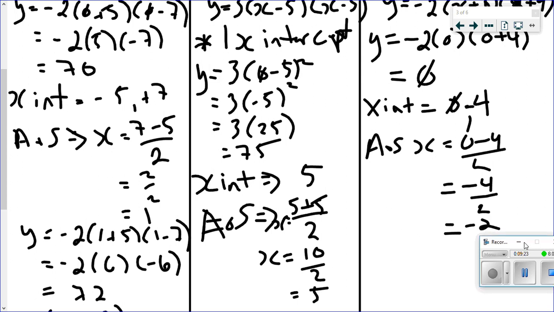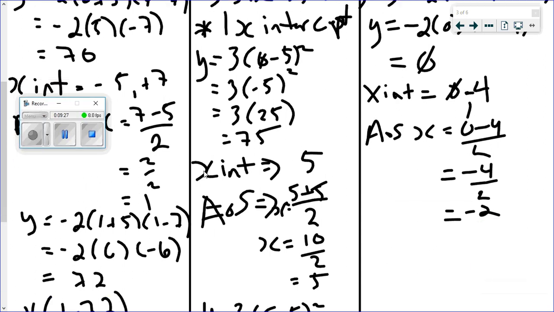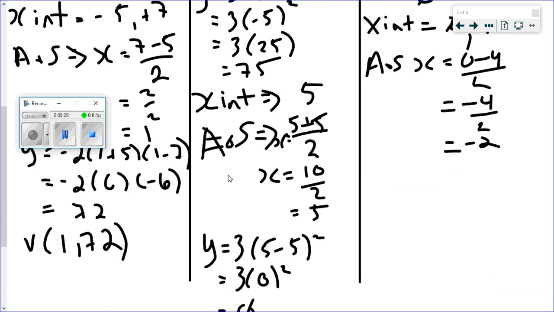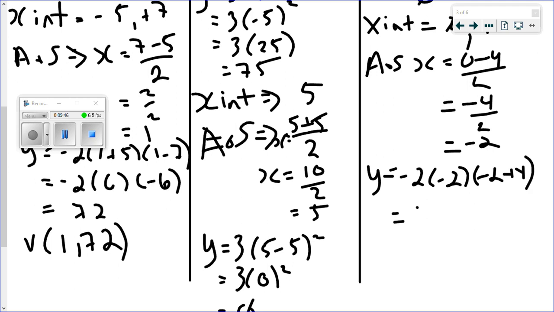All right. So now we know our axis of symmetry is negative 2. y equals negative 2 times negative 2 bracket negative 2 plus 4. Don't worry.